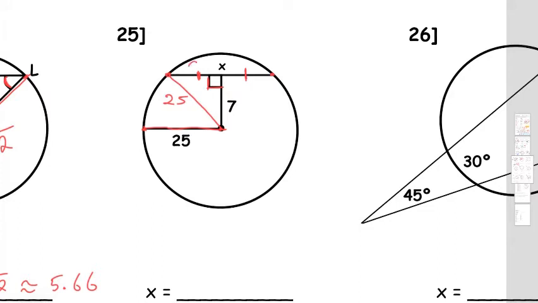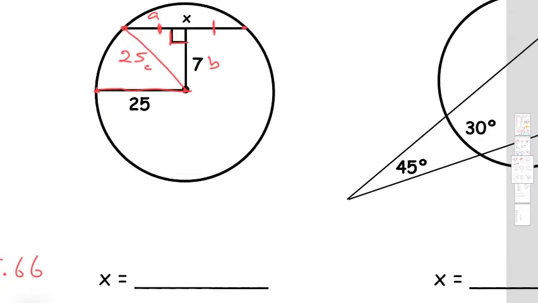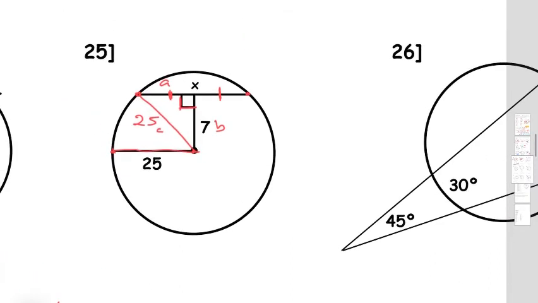And so once again, here I'm going to use the Pythagorean theorem, where we have A, B, and C. I'm going to figure out what A is. So I have A is equal to the square root of whatever 25 squared minus 7 squared is.